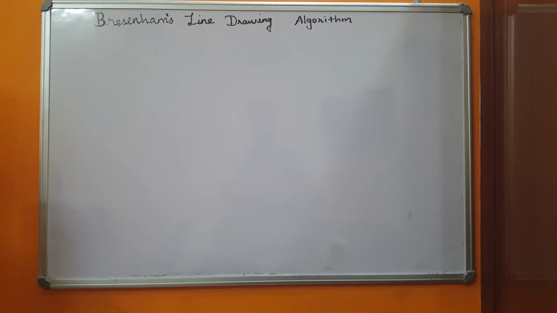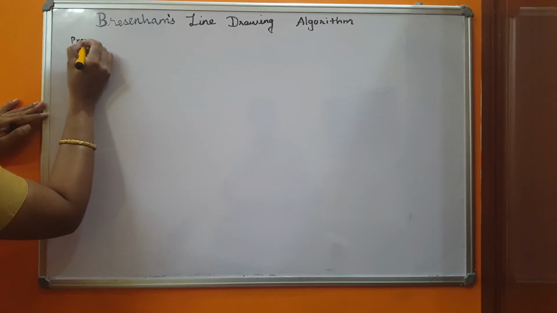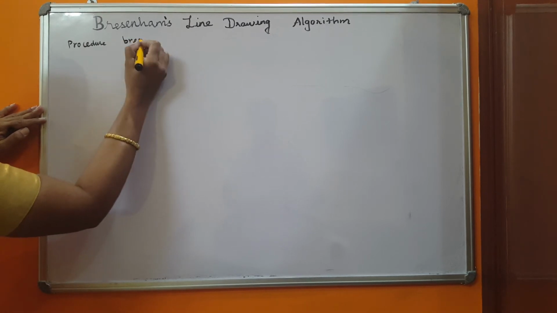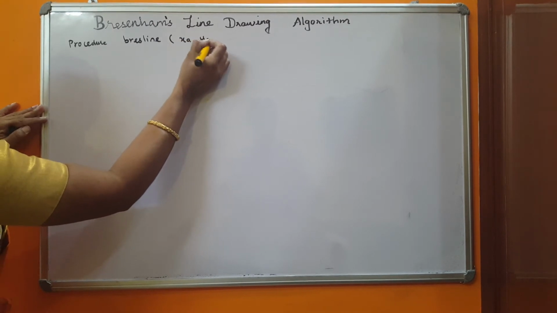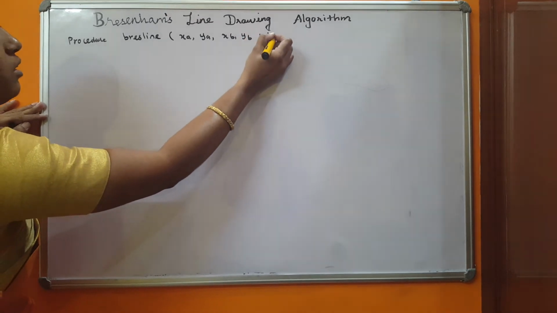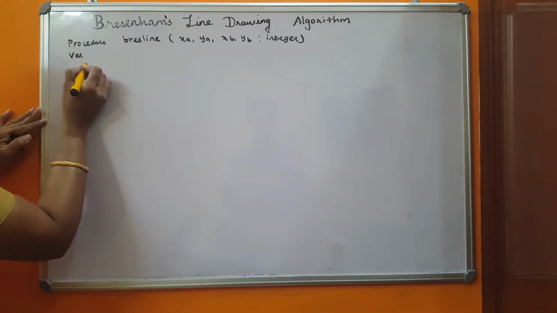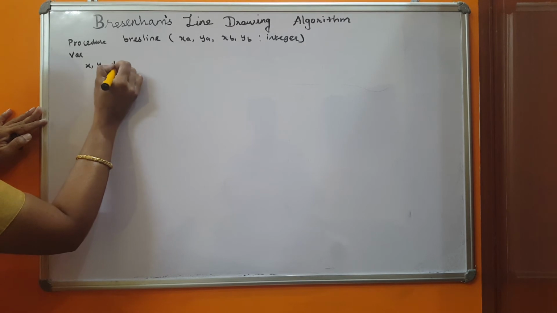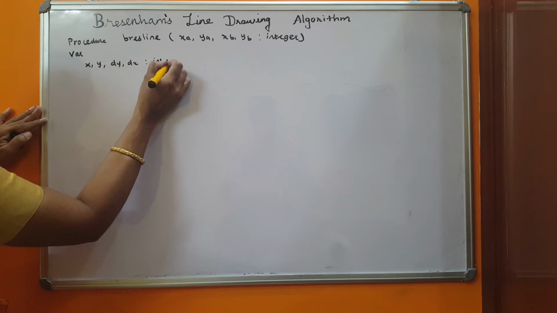Now we see the procedure for Bresenham's algorithm. Bresenham's line drawing algorithm, where input XA, YA, first endpoint, XB, YB, second endpoint. Integer variables here: X, Y, dy, dx, all are integer.